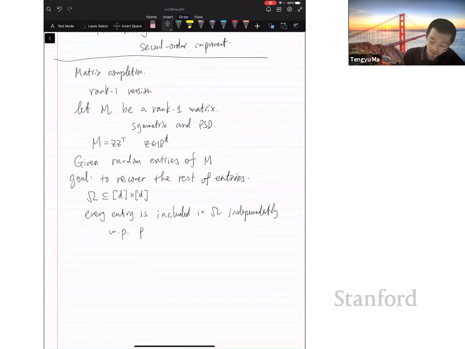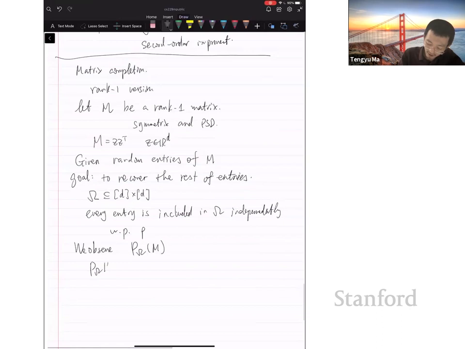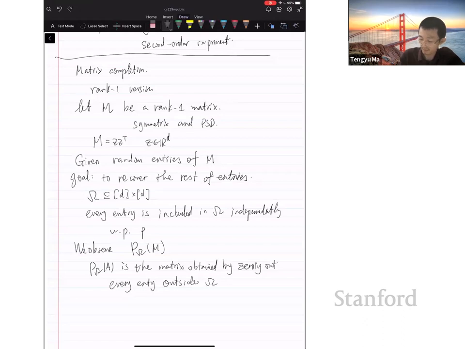So what we observe is the so-called P omega of M. Let me define P omega of M. P omega of A is the matrix obtained by zeroing out every entry outside omega.